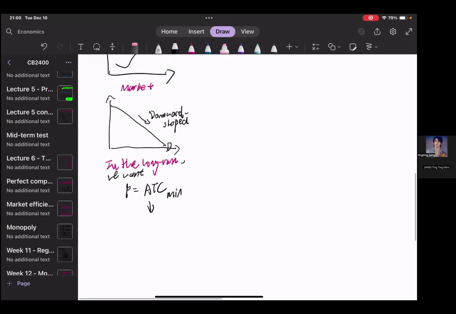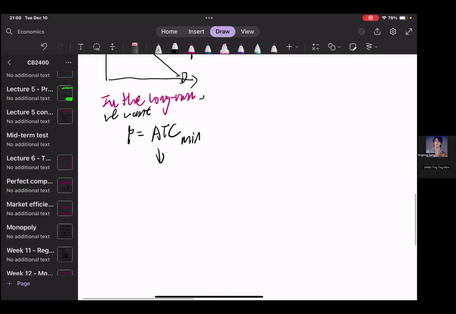Because it is considered productive efficient. And it is a break-even point.